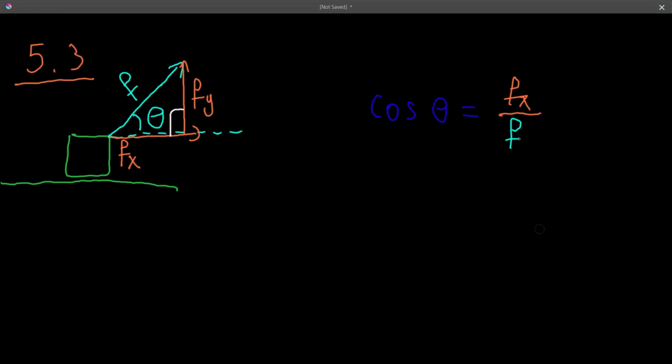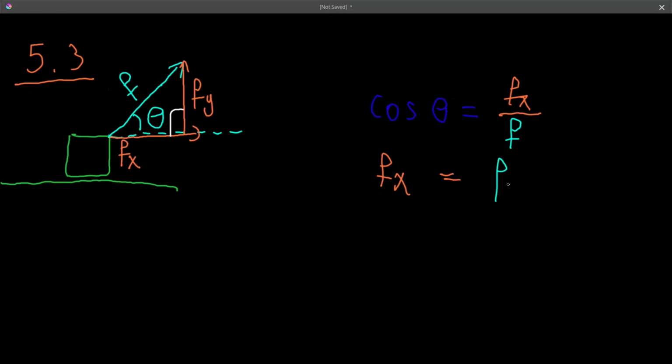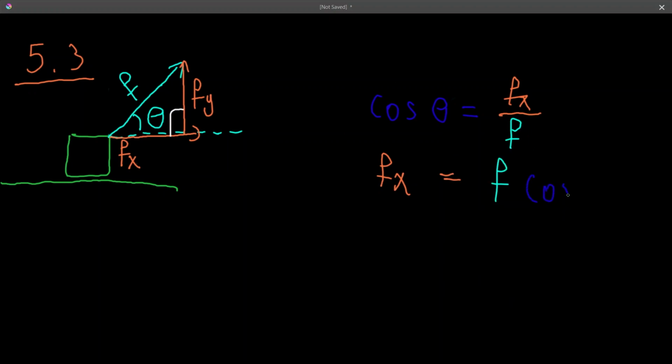Then I multiply by F on both sides. I get that Fx, and this is important, Fx is equivalent to F, the original force, multiplied by cosine of theta.